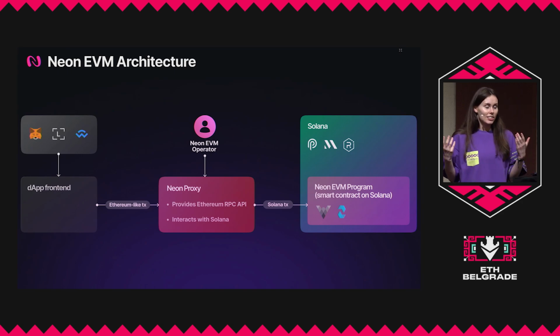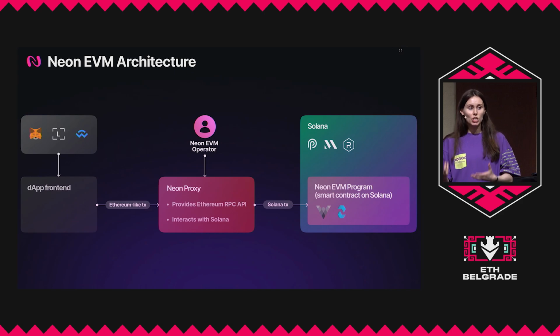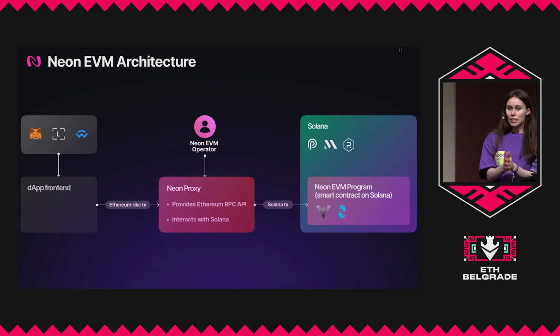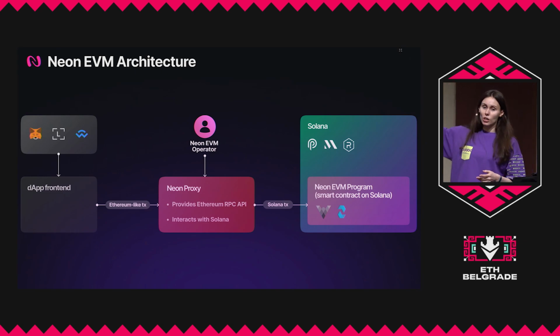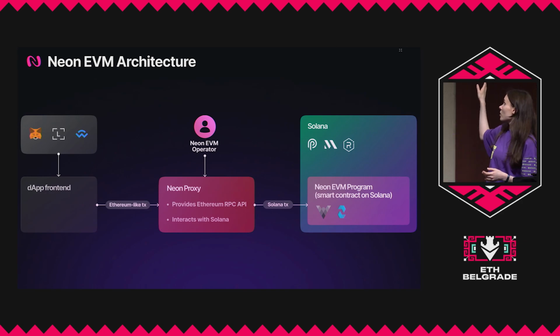So you might think that Neon EVM has something to do with bridges or rollups, but it couldn't be further from the truth. Neon EVM is a Solana network extension. It's a program on Solana, in other words, and it consists of two main things, Neon Proxy and the Neon EVM program.